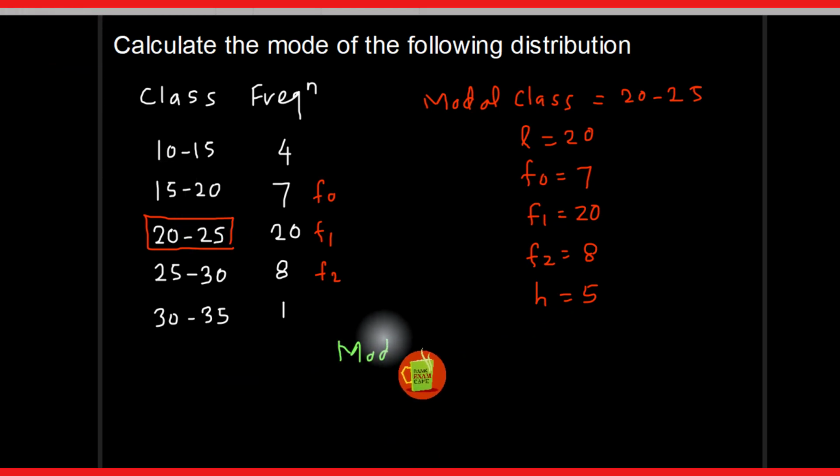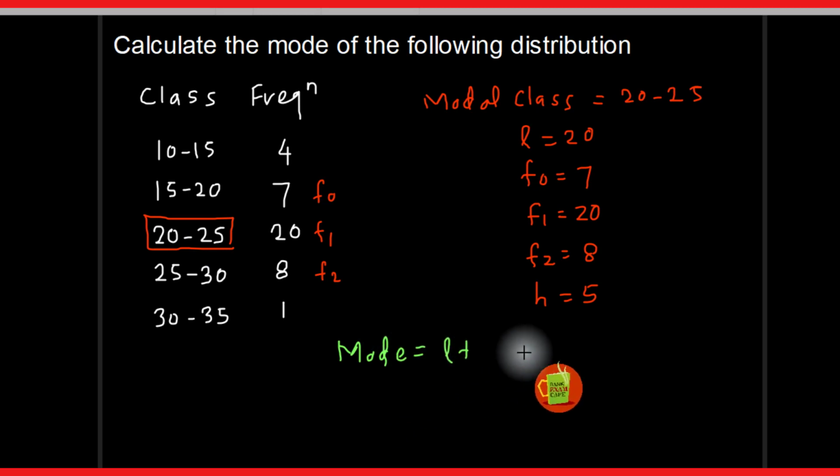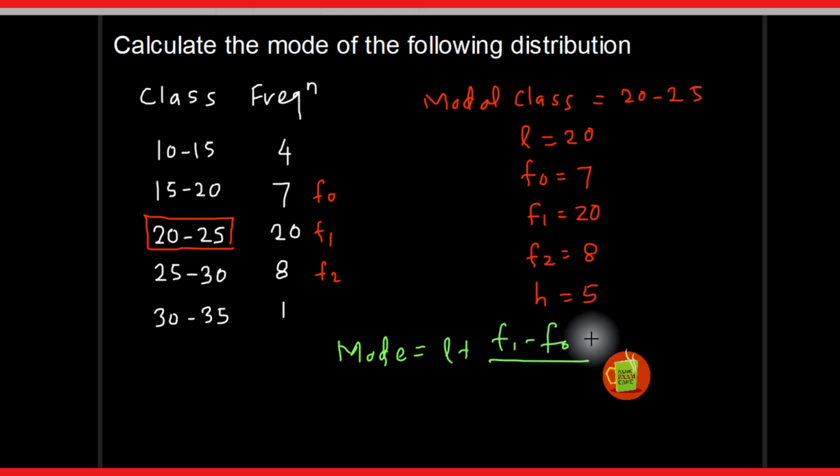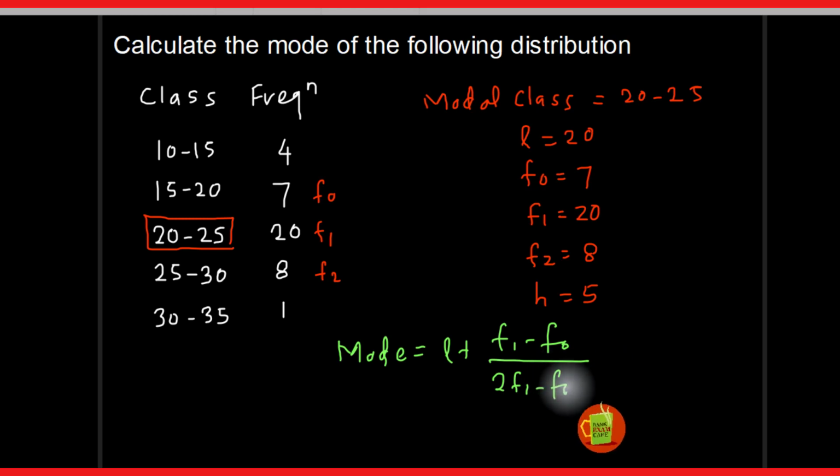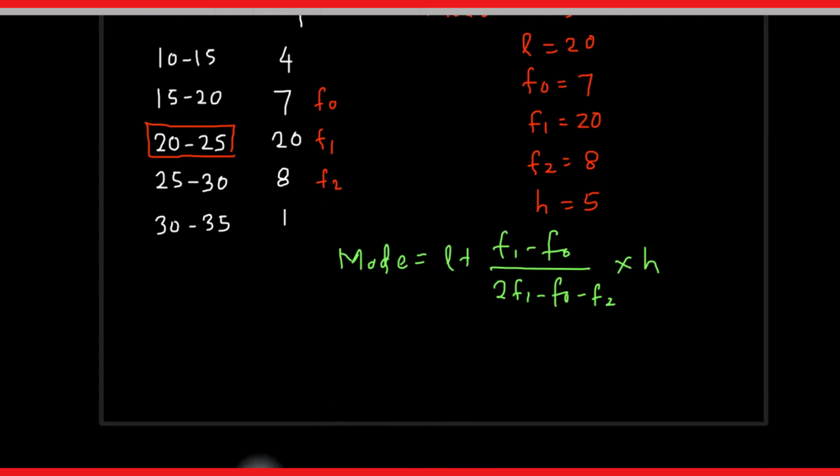Therefore mode is equal to L plus F1 minus F0 upon twice of F1 minus F0 minus F2 multiplied by H. This is the formula to find the mode.